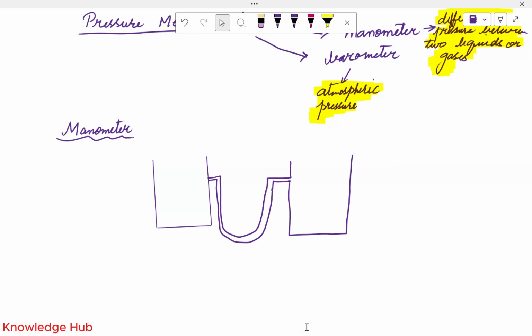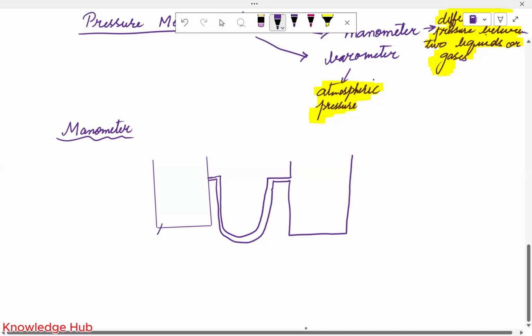Okay. So what happens? They are both opened, so atmospheric pressure exerts on them. Here it also contains the atmospheric pressure.